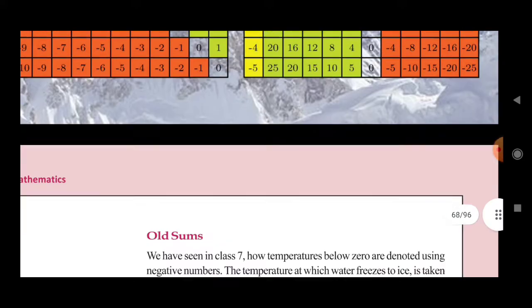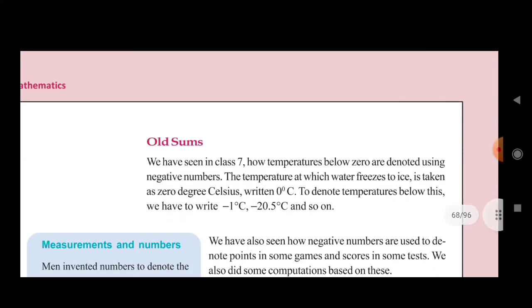Yes, in some places like Kashmir, we know that the temperature will be less than 0 in some seasons, especially in winter.